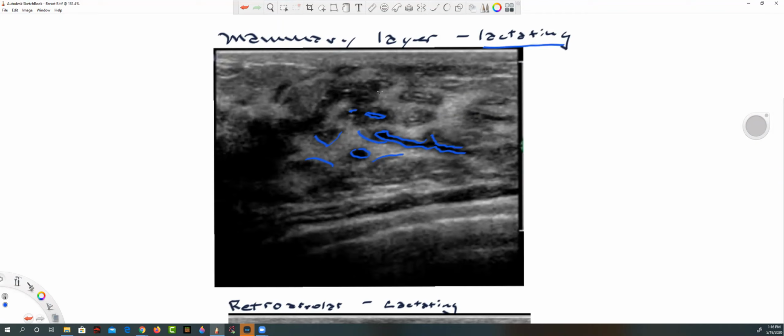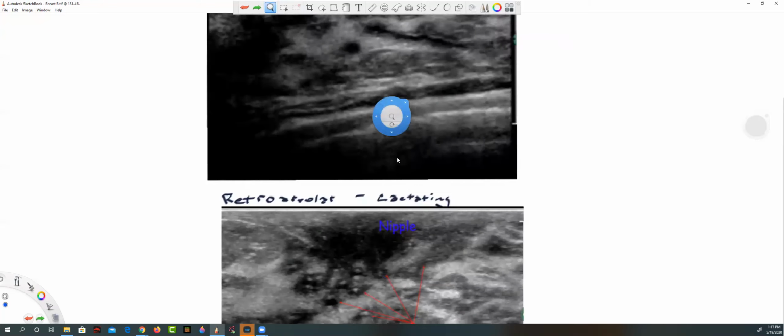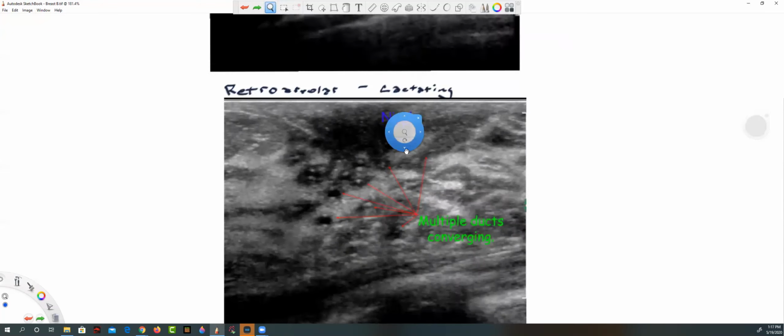And in fact, the mammary glands themselves are so swollen, I'm not even seeing fat up here, fat below, fat above. There's no fat. It's just pure glandular material in this patient. But we do have to be aware if a patient is lactating, it's going to look different.